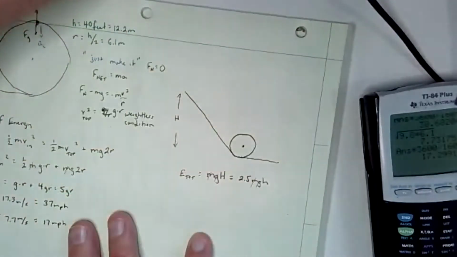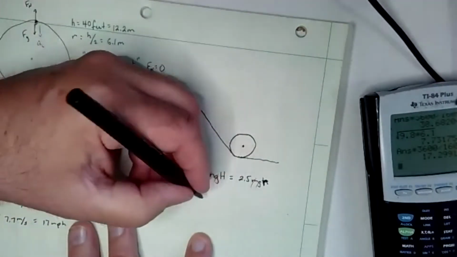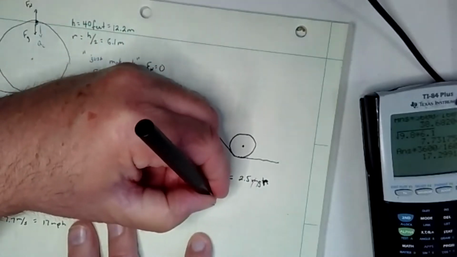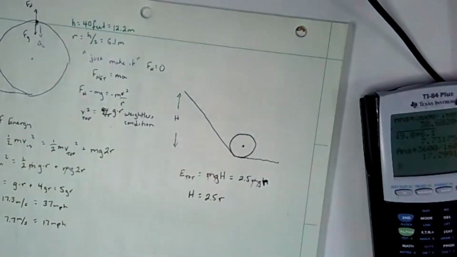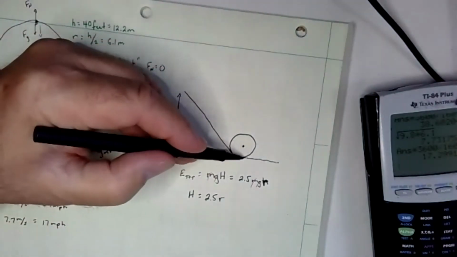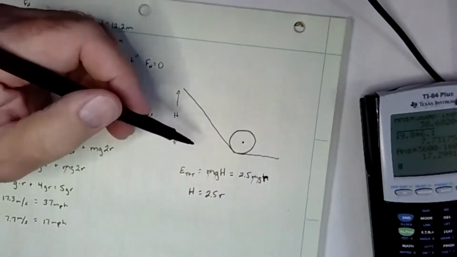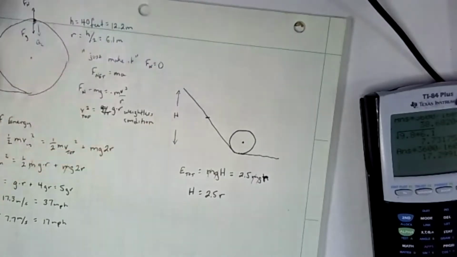And sorry, this is supposed to be an r here, not the height. And so H, in order to make it over the top, needs to be 2.5 times the radius. And of course, the top of the loop is twice the radius already, right? So this is actually quite exaggerated. So this is already 2R. 2.5R is only going to be about that high.